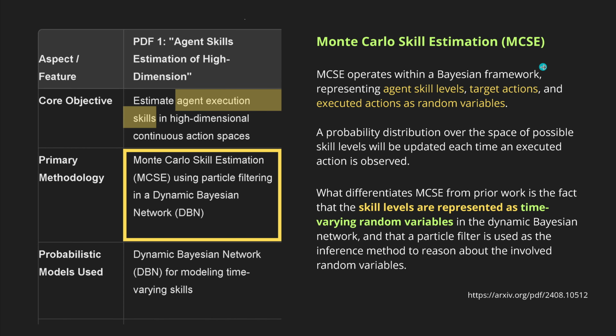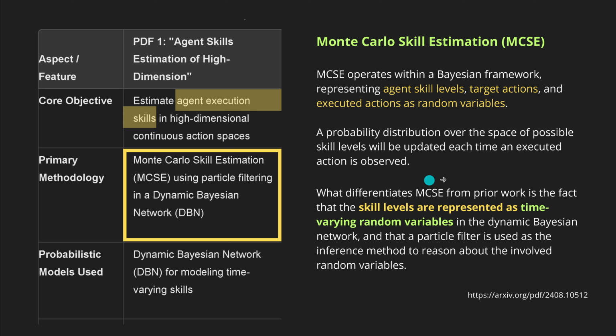So we use the skill estimation of the Monte Carlo simulation. This operates now within a Bayesian network, representing the agent skill levels, the target actions, and the executed actions as random variables. And now a probability distribution over the space of possible skill levels will be updated each time an executed action is observed, that we have an event, that we have new data.